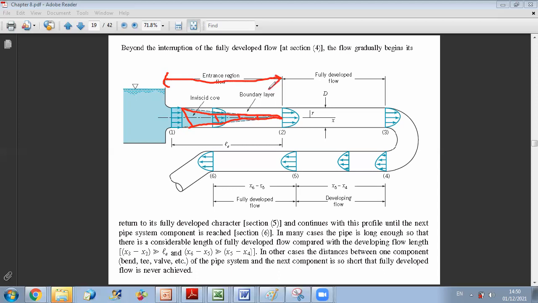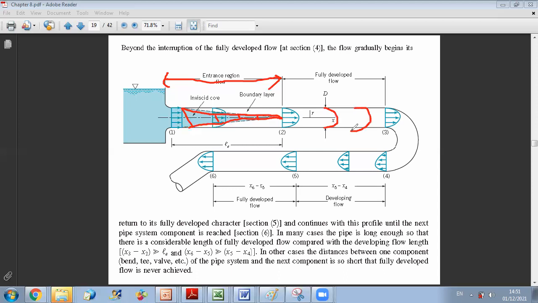In this course, we will not deal with it. This is a very complex region where you have a lot of variation, and we will not study it. We'll study fully developed flow. When we say fully developed, this means that the profile is established and it's not varying anymore, unless we have some change here.